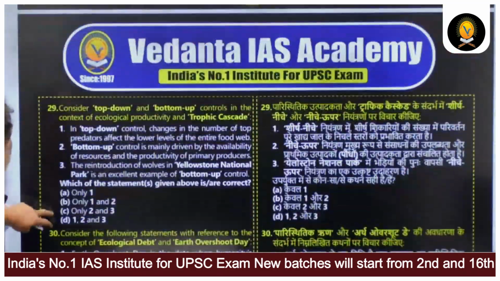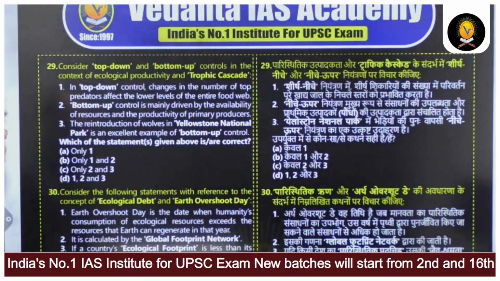Correct. Consider top down and bottom up control in the context of ecological productivity and trophic cascade. In top down control, change in the number of top predators affects the lower levels of the entire food web. Correct.